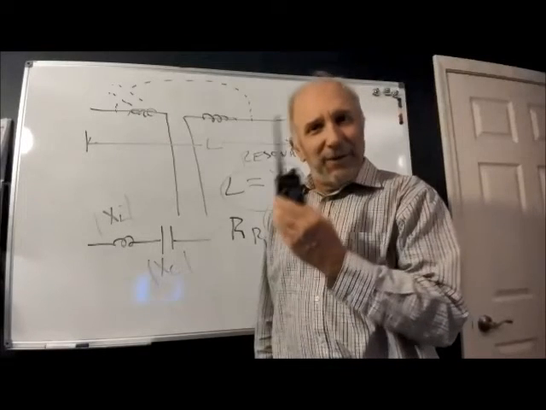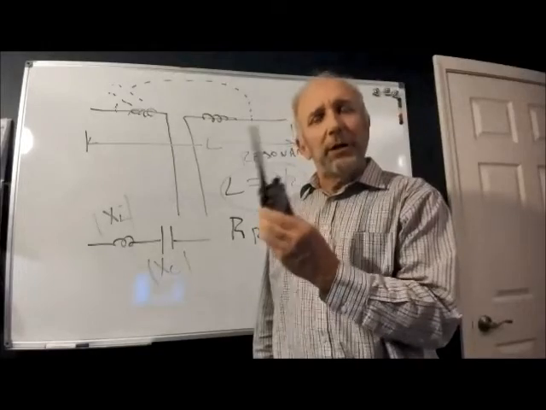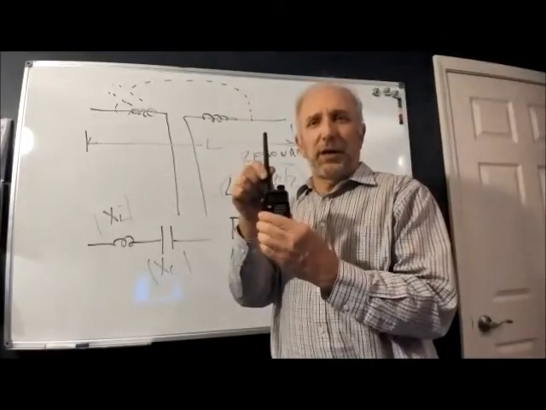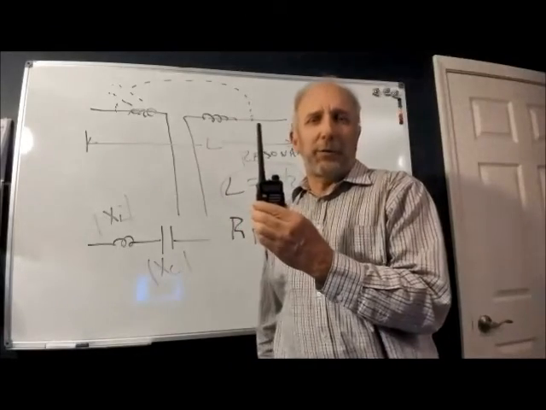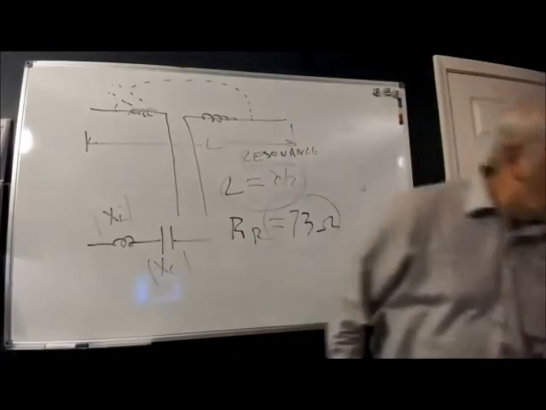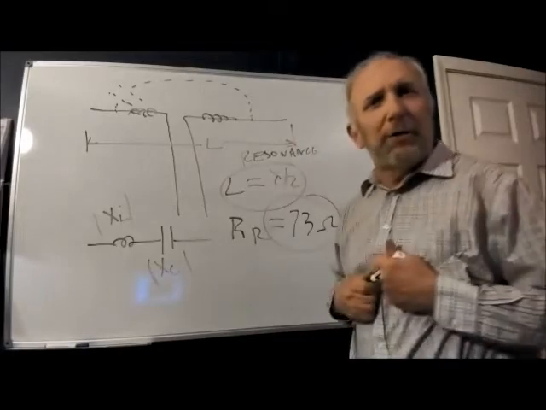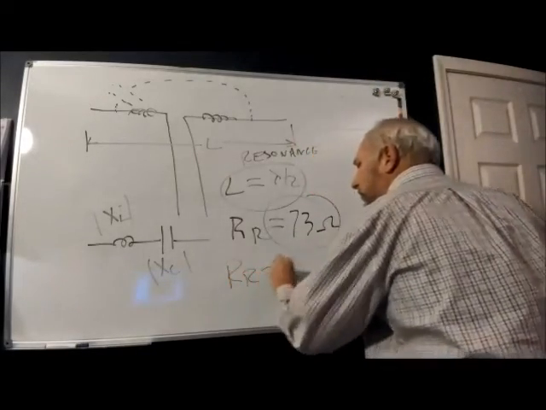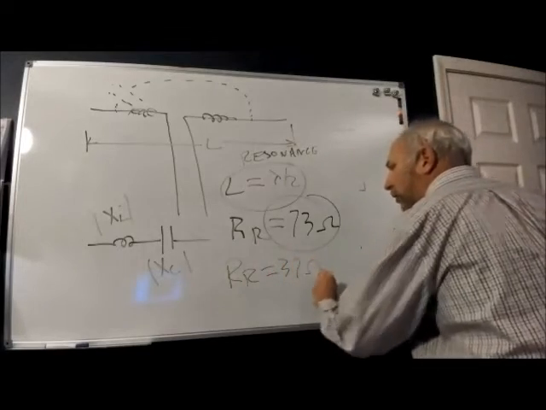Actually, Michael, it really doesn't depend. A monopole antenna is going to be worse than a dipole. It effectively has less ability to transfer energy. So it turns out the radiation resistance, or how efficient a monopole is, is about 37 ohms.